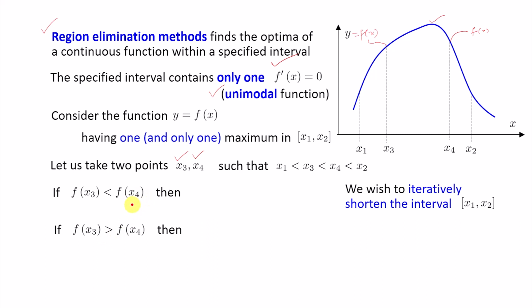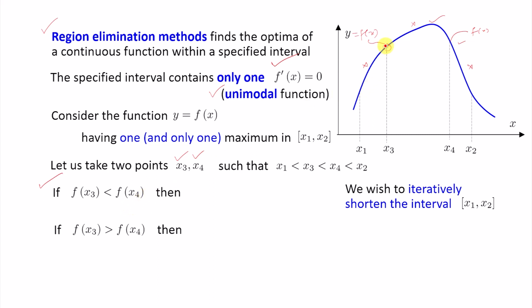So what happens? Let us take one of them. Let us take f(x3) is less than f(x4). So this point is less than this point. Now you think about it, we are looking for the maximum here. The maximum can be in the interval between x1 and x3, between x3 and x4, or between x4 and x2. One of these three intervals can have the maximum. Now the additional condition we have is that f(x3) is less than f(x4).